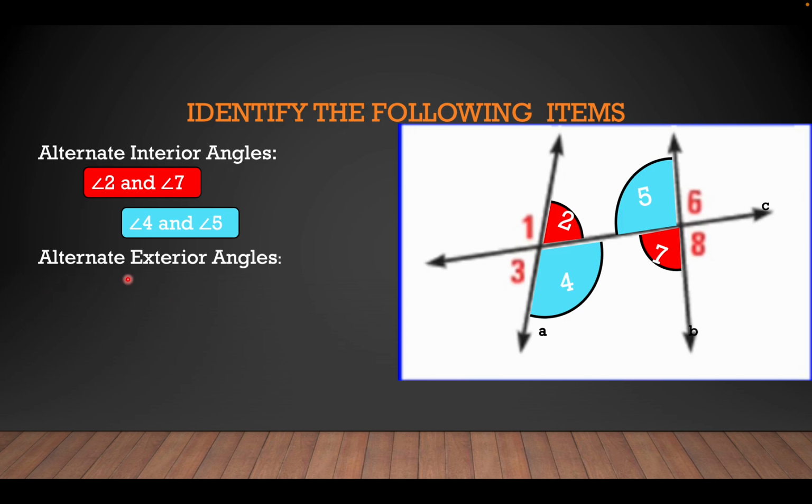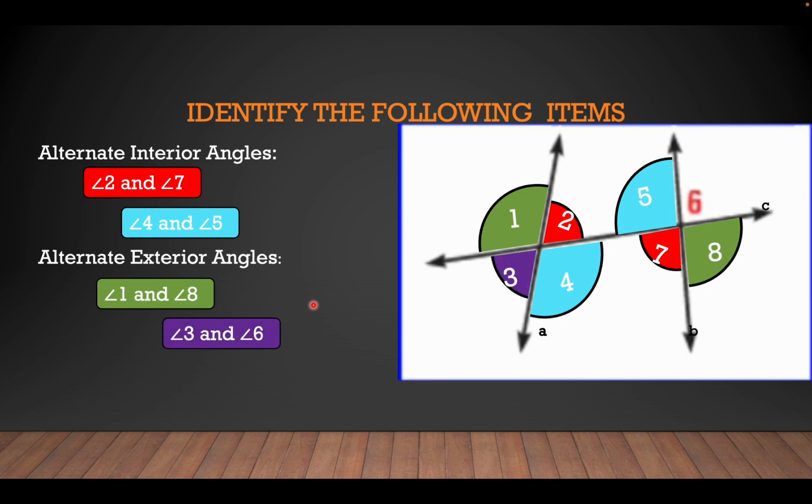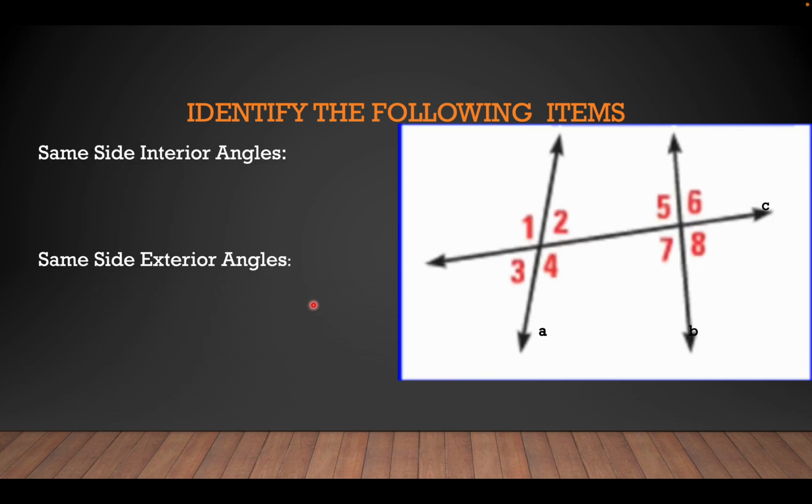Now we need to describe our two sets of alternate exterior angles, which we only have four angles to choose from. So the alternate exterior angle to angle 1 would be angle 8, and our alternate exterior angle to angle 3 would be angle 6.